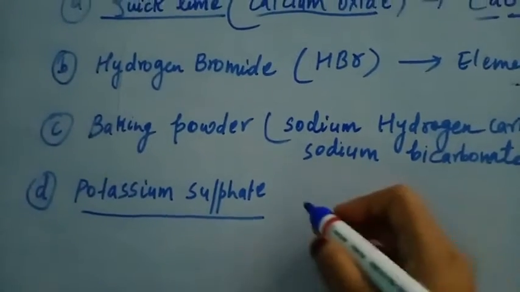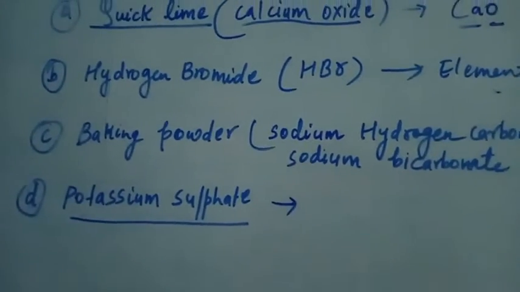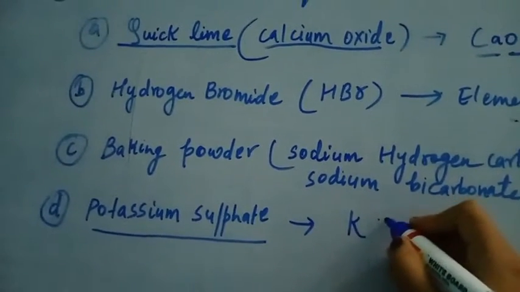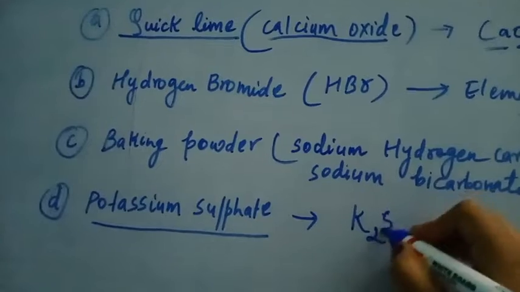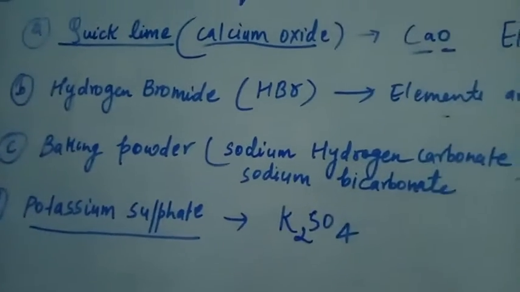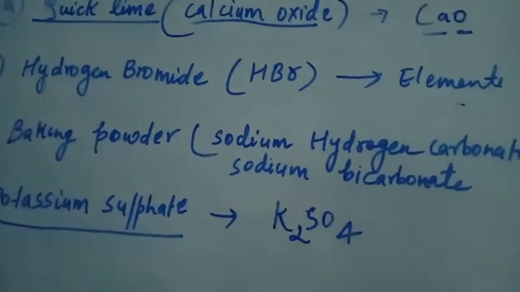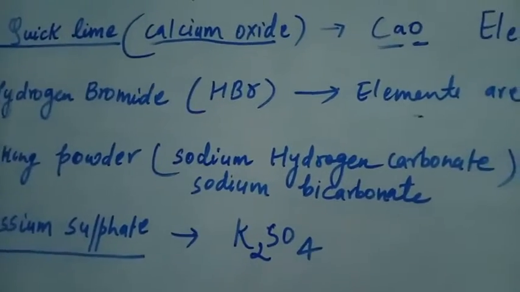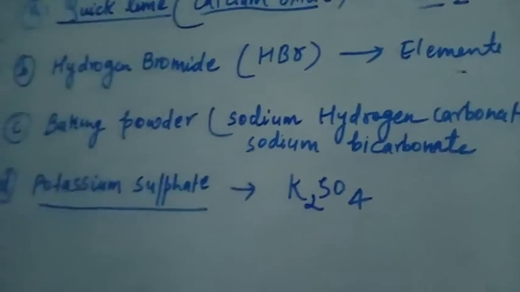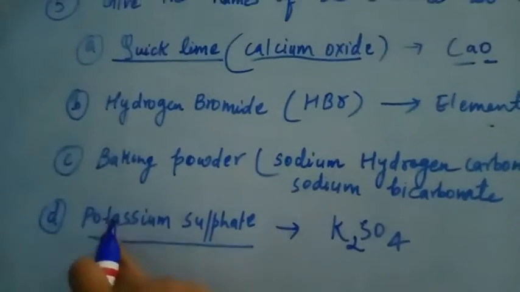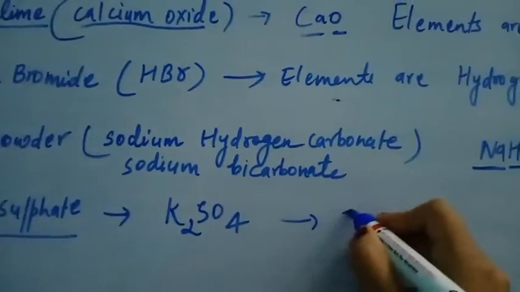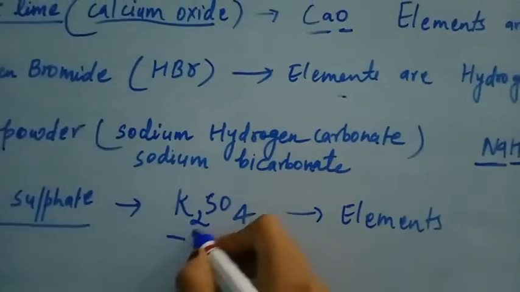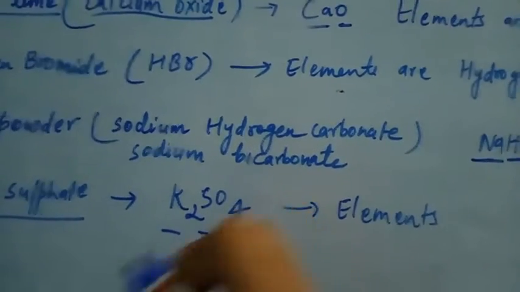Now potassium sulfate. The name itself indicates the formula: K2SO4. If you do crossover, then you can predict the correct chemical formula of any chemical compound. So K2SO4 is the chemical formula of potassium sulfate. So the elements present here are potassium, sulfur and oxygen.